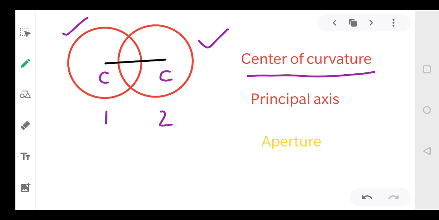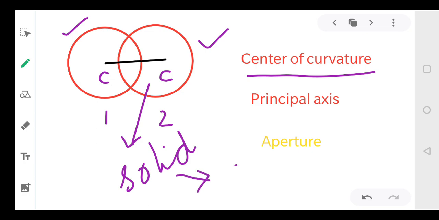In case of mirror, we always take hollow spheres. But in case of lenses, we will take solid spheres. These both are solid spheres made up of glass. They are not hollow in this case.